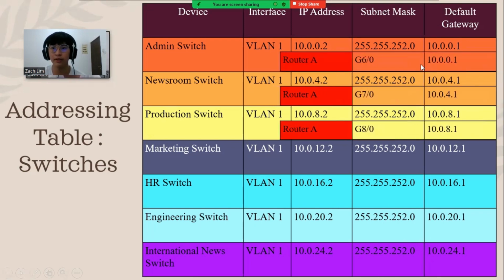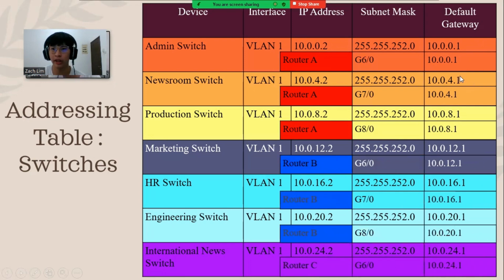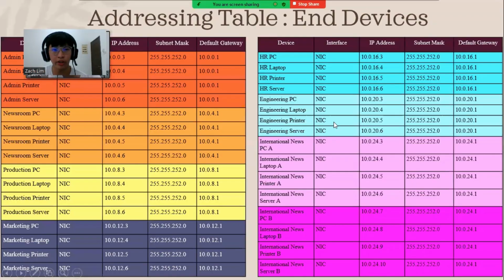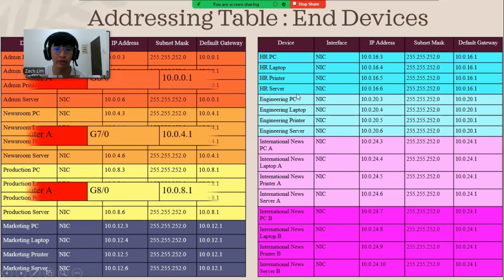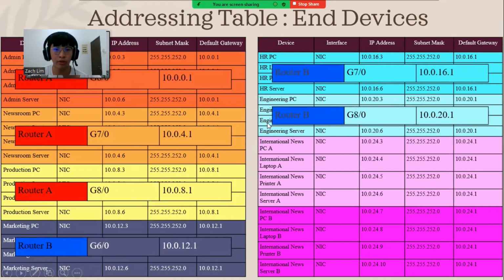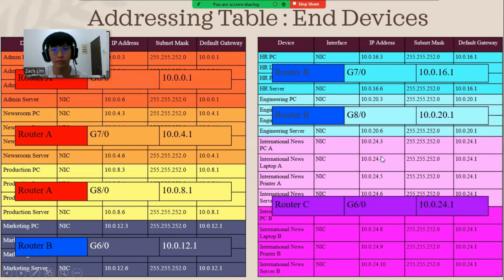And the default gateway is the same as router A, following the corresponding location, with the same IP address as the router. For the next one, these are the end devices addressing table, which will also connect to the default gateway, which is also the same as the IP address of the routers for each location.